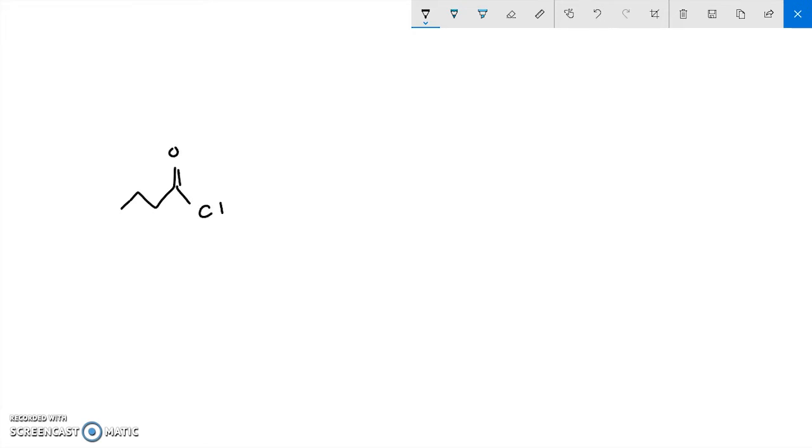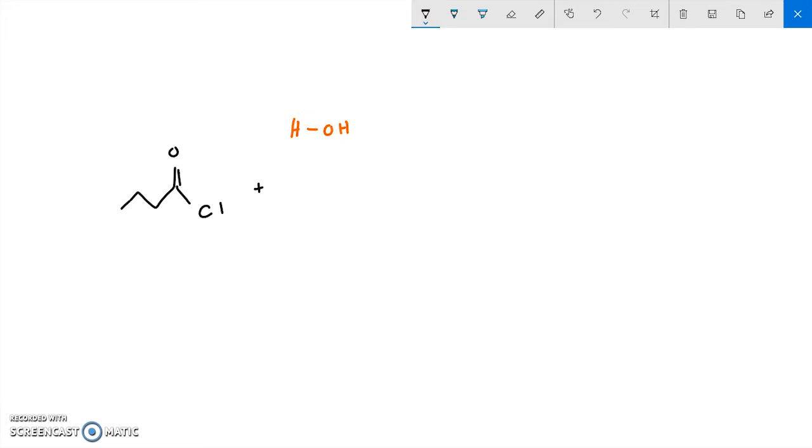And then we're going to react it with something which is not from the carboxylic acid or carboxylic acid derivative family. For instance, water. The water can be written as HOH so that we can isolate the hydrogen part. Before we proceed with the products, we need to identify the A, B and A prime, B prime parts.